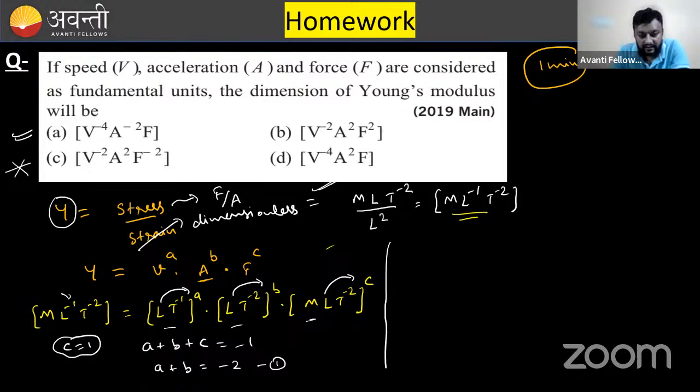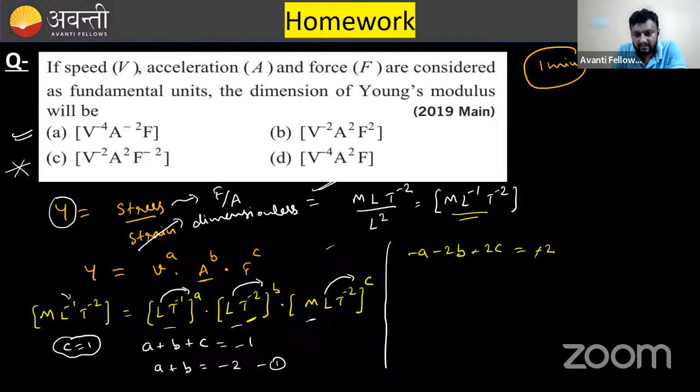Now compare for T. T has a power of minus a in this case, in this case T has a power of minus 2b, and in this case T has a power of minus 2c, which is equal to minus 2. Am I right? You can correct me if I am wrong. Minus a, minus 2b, minus 2c is equal to minus 2.